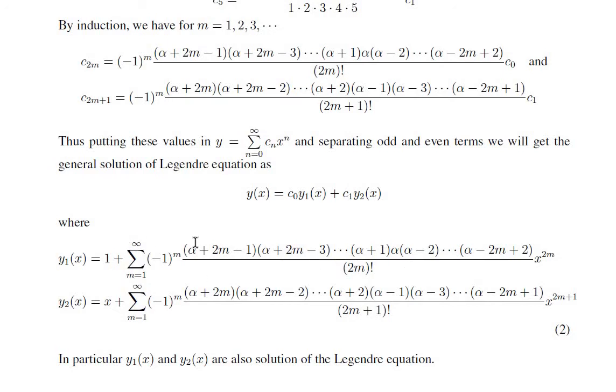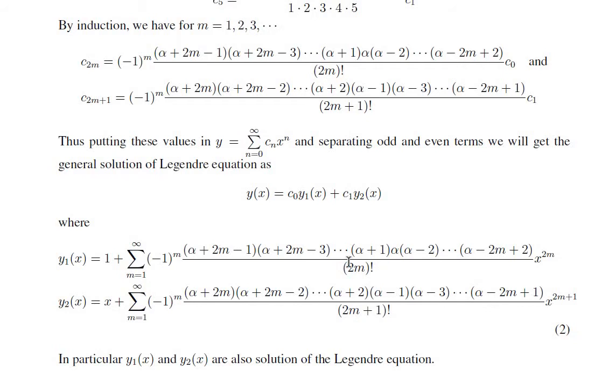So this series will terminate. This will be a finite series. A finite series means that it will be a polynomial, if alpha is a natural number and even, because we are subtracting alpha minus 2m plus 1. So if alpha is itself 2m minus 1, then this will vanish, and then later terms will also be 0, because everywhere this term will be there.